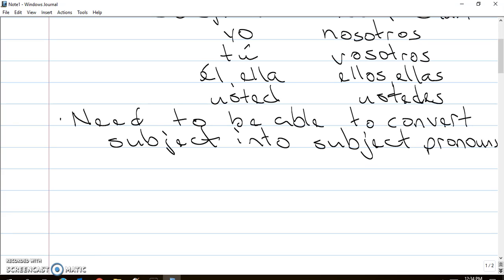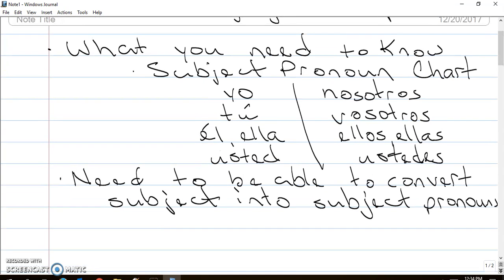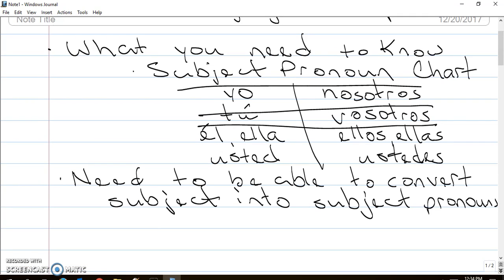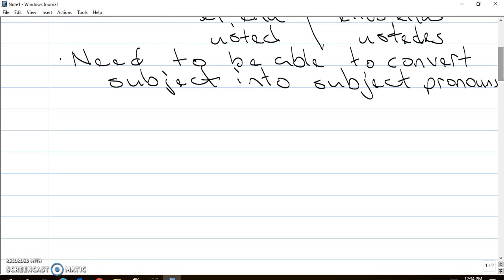You need to be able to tell me basically where any possible subject would fit on this T-chart. And we'll get into why that's important here in just a moment. So, let's scroll down and start talking about the actual how to conjugate. By the way, we will start the code for this video. The first number in the code is a 6.